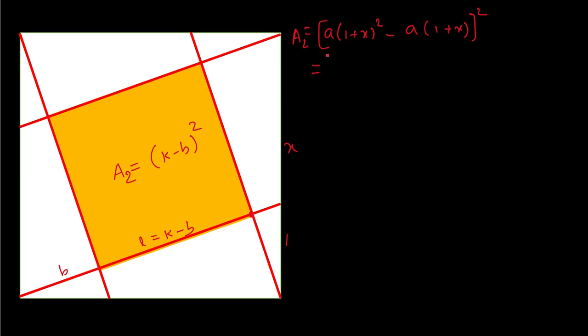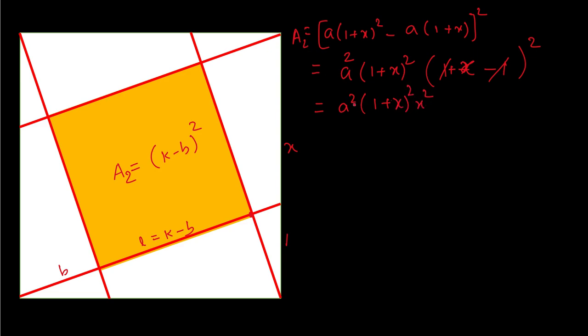So we will take a times (1 plus x) as common, and everything is squared since this is the whole square, multiplied by this will be (1 plus x) minus 1. So this cancels out. So this is a square (1 plus x) whole square x square.